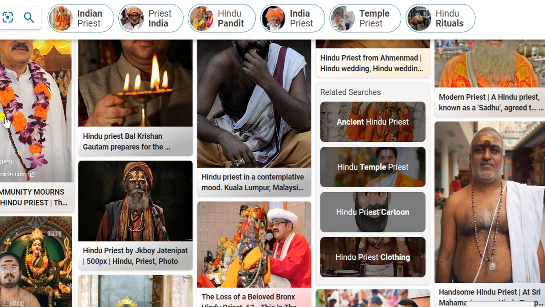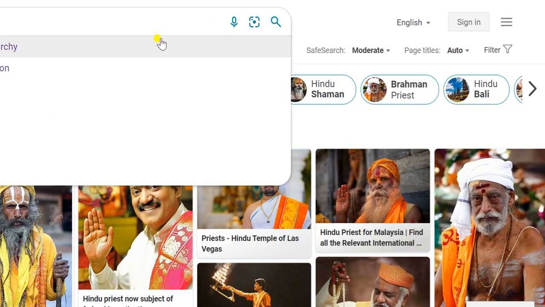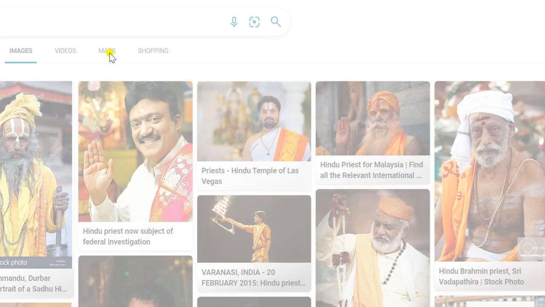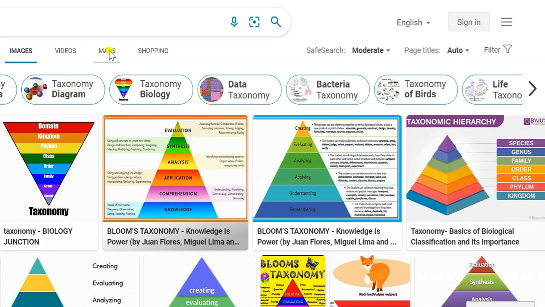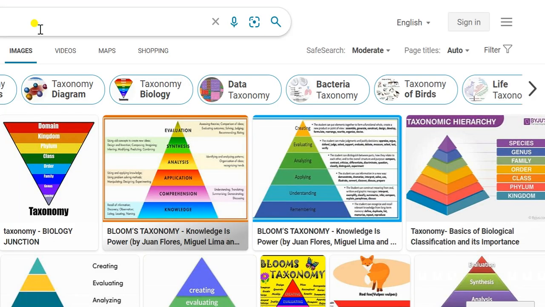Understood? Similarly, a taxonomist studies animals.